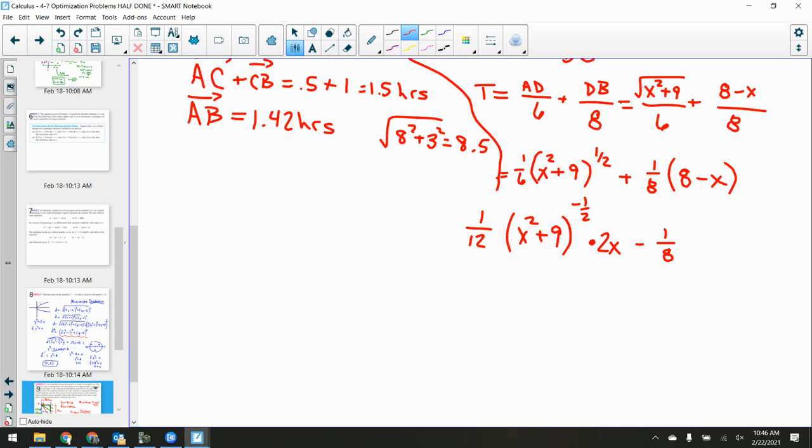Okay, let's fix this a little bit. Let's put all our stuff in the denominator where it needs to be. This is a 12 in the denominator, the square root of x squared plus 9 in the denominator, and it looks like a 2x in the numerator. Yep. Okay.